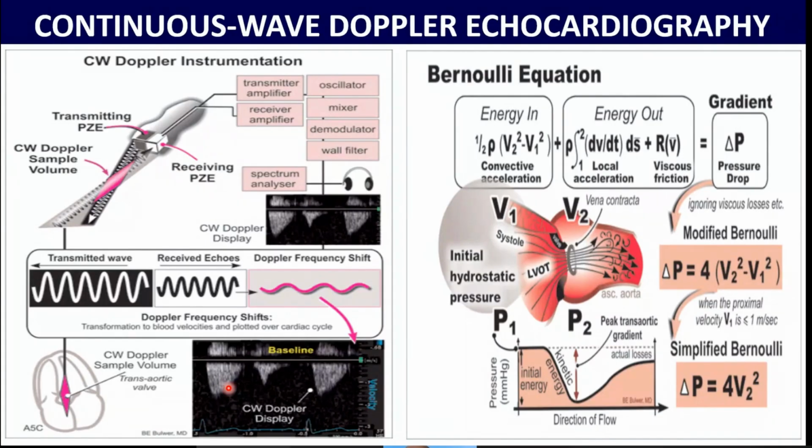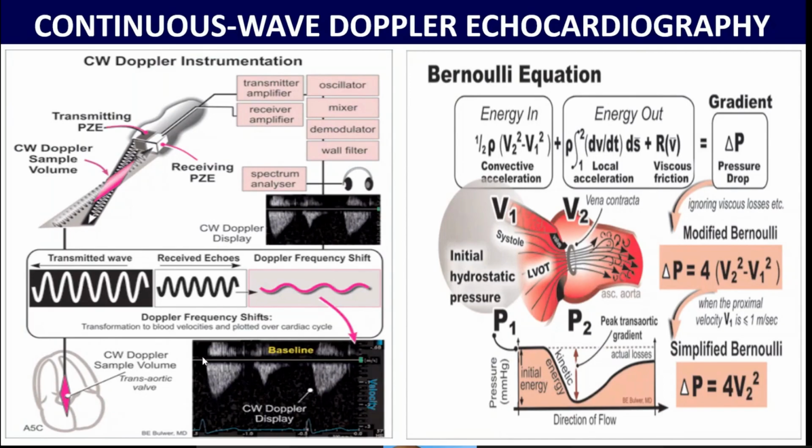The advantage of continuous wave Doppler is that it is able to measure high velocities, whereas with pulse wave Doppler we cannot measure high velocities. So the two major differences are that in pulse wave Doppler we can place the sample volume at the place where we want to determine the velocity.